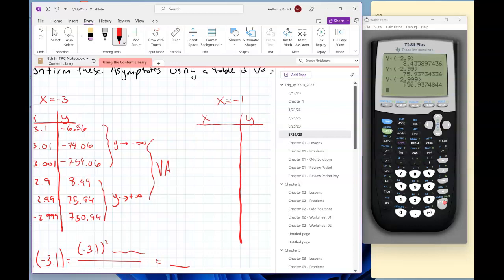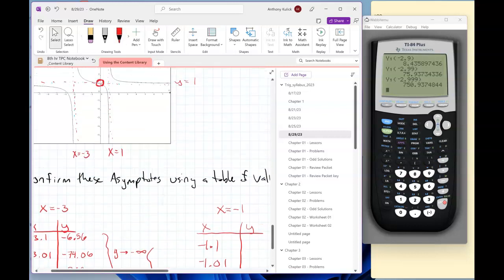So I'm going to do the same thing, kind of set up a table. I'm going to start with something that's a little less than negative 1. So like negative 1.1. And then get progressively closer to negative 1. Then I'll start something. Was that negative 1 or positive 1? It was positive, wasn't it?